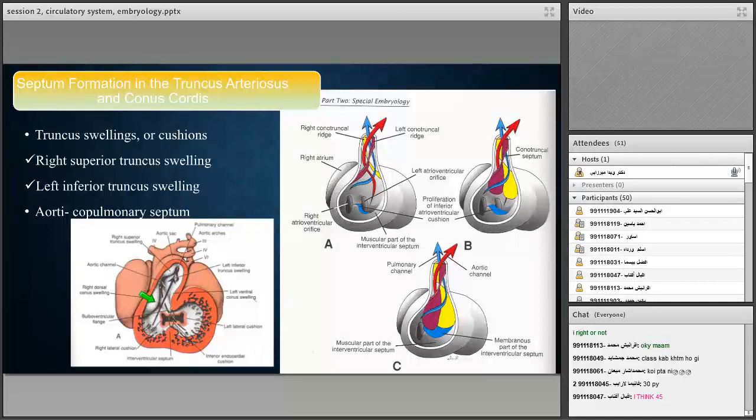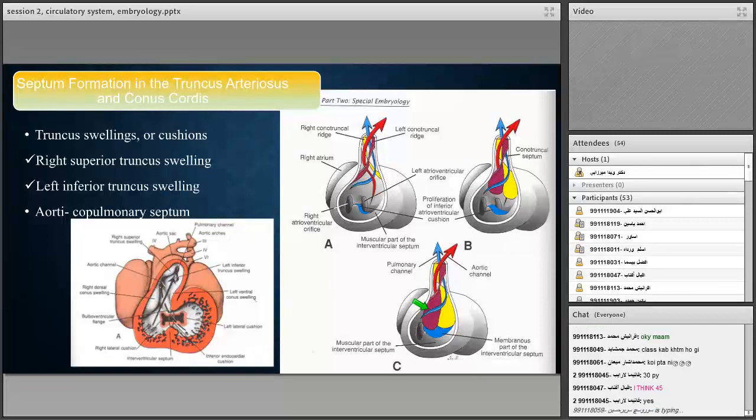So we have two parts of the outflow, one for the aorta and one for the pulmonary trunk. Was it clear? We have endocardial cushions in the truncus arteriosus and conus cordis, the middle and distal part of the bulbus cordis.